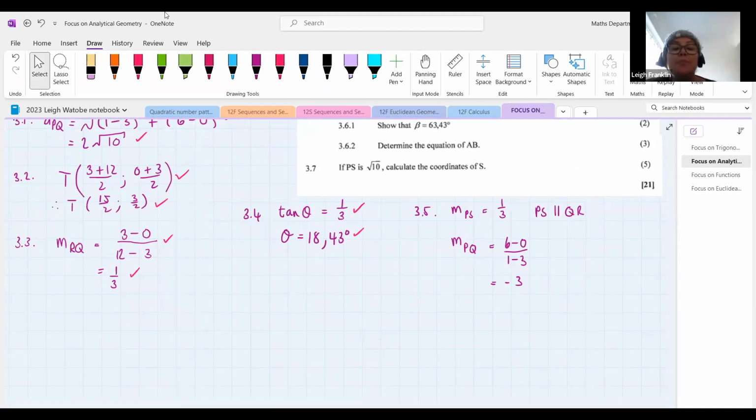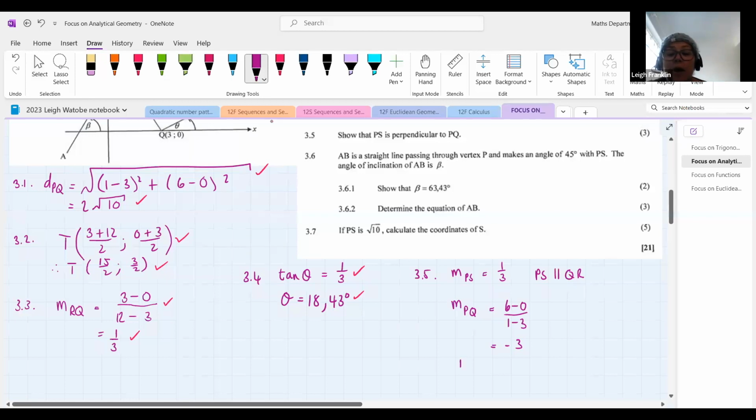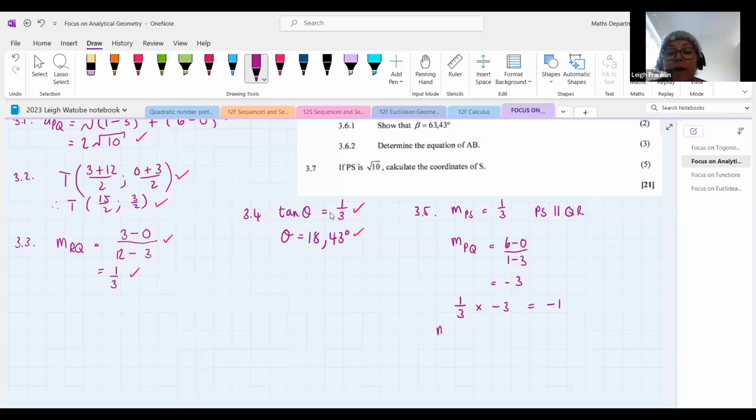Okay, perfect. Now when we look at the numbers that we've got, we can say a third times -3 is -1. That means that the gradient of line PS times the gradient of line PQ is -1.